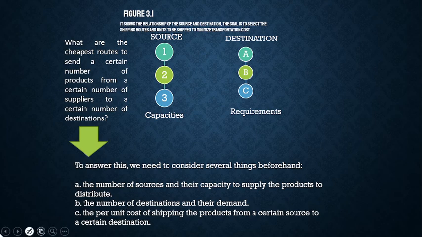First, let's have our sources. Ito yung mga sources, different companies that make the products or the supplies. Example, meron tayong sources like Nokia, iPhone, or Vivo, or Realme. Meron silang capacities kung magkano ang kanilang supplies.